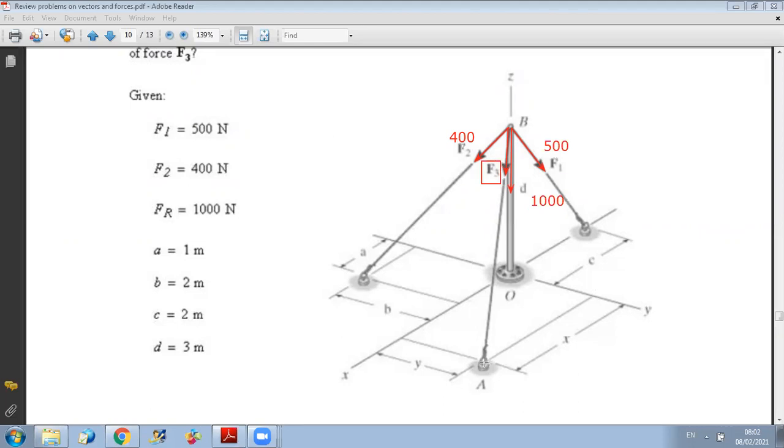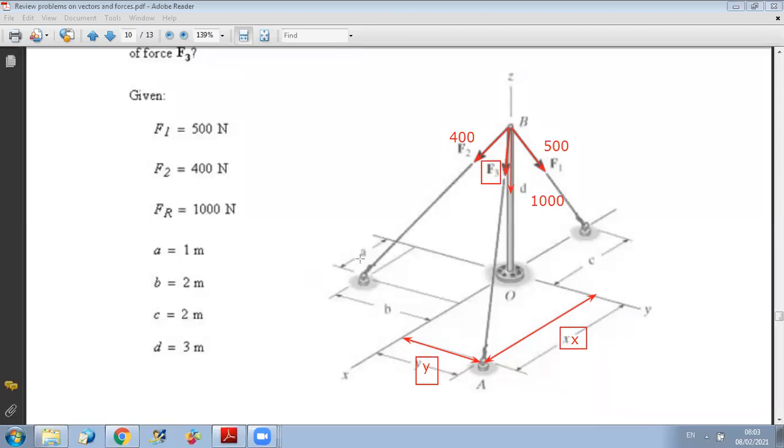We don't know what is X, and we don't know what is Y. So in this problem, we have three unknowns: F3, X, this distance, and Y. Whenever you have a 3D problem and you can write a vectorial relation, the resultant force is equal to F1 plus F2 plus F3. This vectorial relation will give you three equations, one in X, one in Y, one in Z. And whenever I have a system of three equations with three unknowns, I can solve.